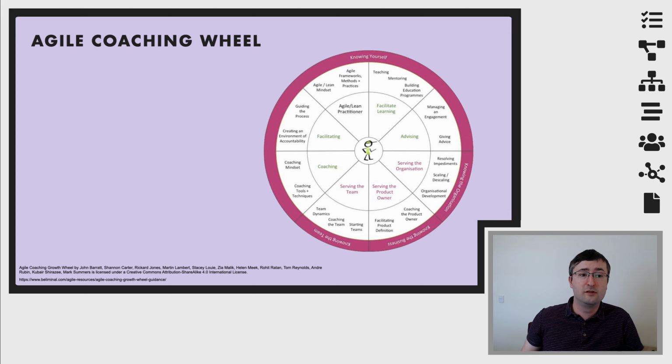And this can be going from a beginner where you might know the theory, but don't really have much practical experience of how things can work, all the way through to being a guide and an innovator where you have the capability to change your own behaviors and attitudes to meet the current situation and to innovate new techniques. And there's lots of different steps for each of these and how you can try and identify where you sit in, say, being able to mentor others or being able to guide a process or being able to consider others' mindsets. And the Agile Coaching Wheel is something you might want to consider if you are ever wanting to look at that.